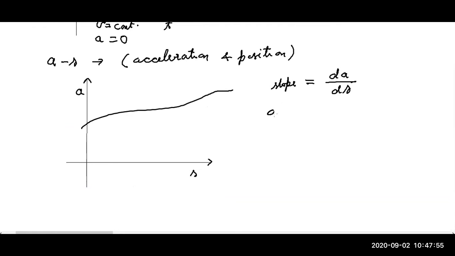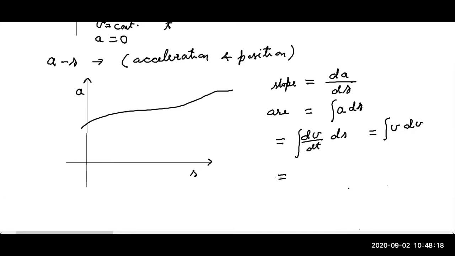And what will be the area? Area of the AS graph, what does it give? It gives the integral of A ds. A ds can be further written as A is dV by dt and this is ds, so ds by dt is V. So the integral of V dV, and if you solve it further, it will be V square by 2. Suppose it is starting from initial velocity u and final velocity v, we can write it as v square minus u square by 2.